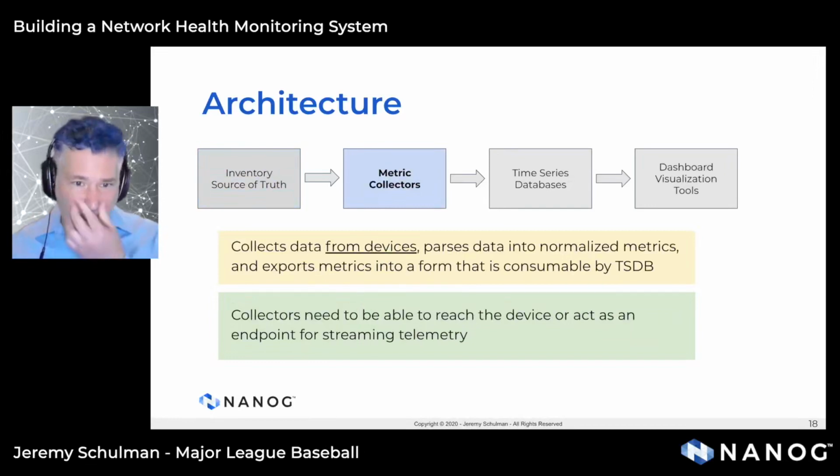Now, the metric collectors, in my case, are the pieces of code or the product that would go to the devices, collect the information, and synthesize it into normalized metrics. So in this particular architecture, I'm synthesizing and normalizing the data as close to the metal, so to speak, as possible, from the device itself.